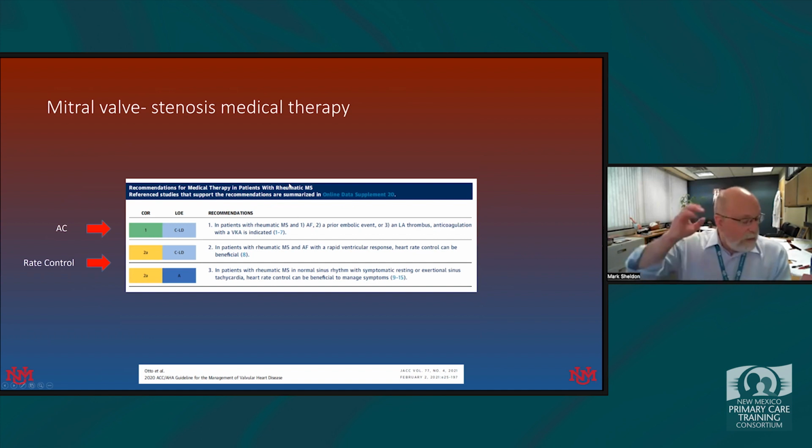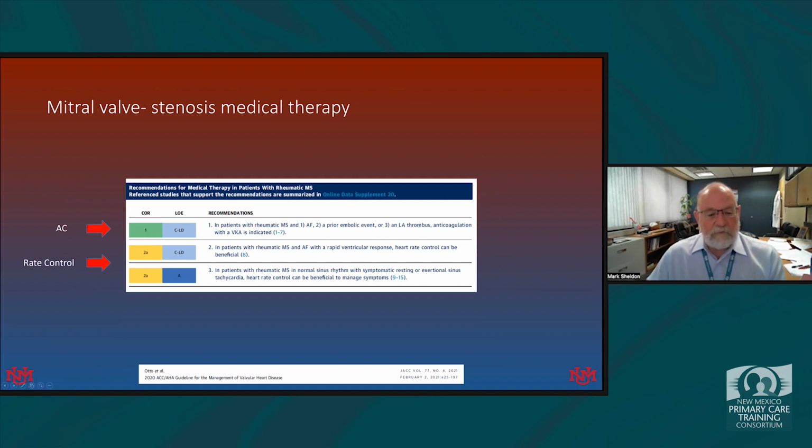Medical treatment: the mainstay is that if they have concomitant AF, or they've had a prior thromboembolic event, or they have known left atrial thrombus, they should be on anticoagulation. No ifs, ands, or buts. And at this point, remember, it's not DOACs, it's warfarin.